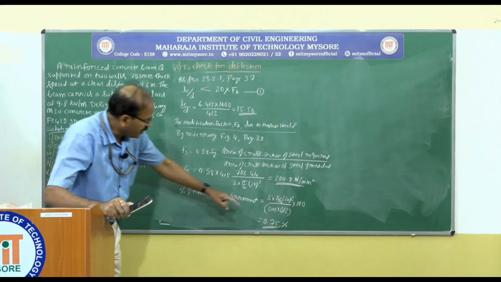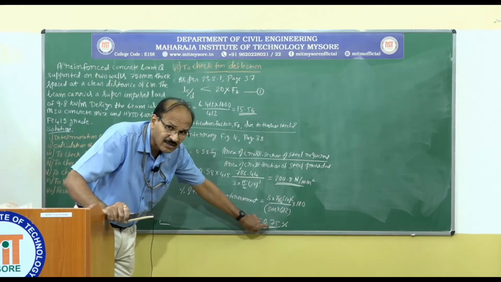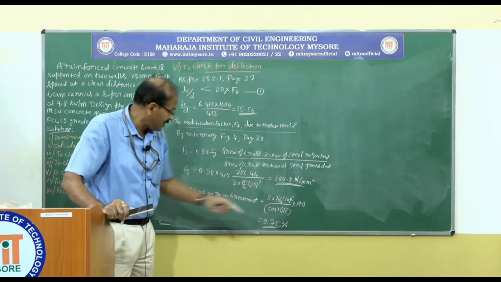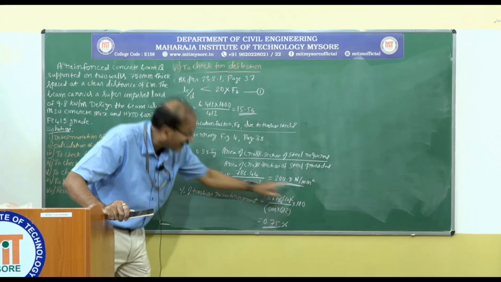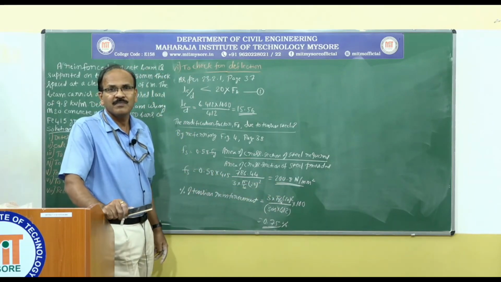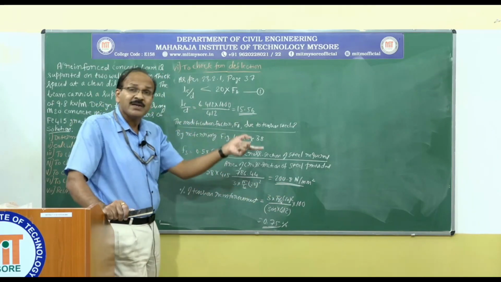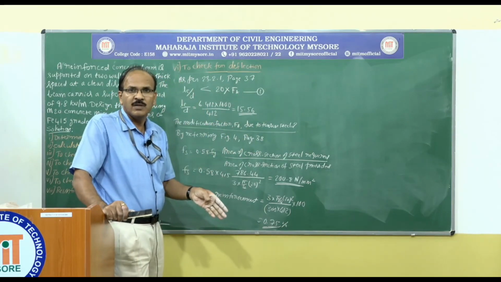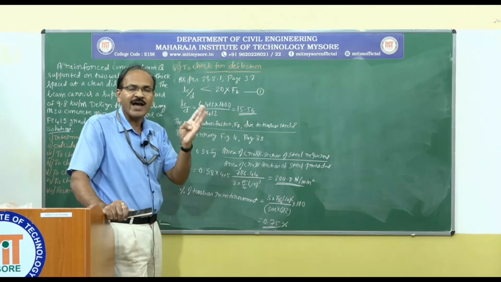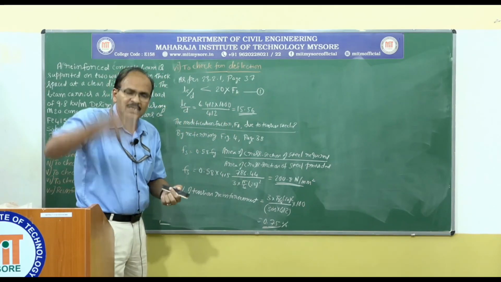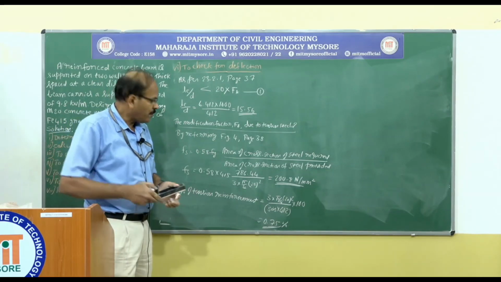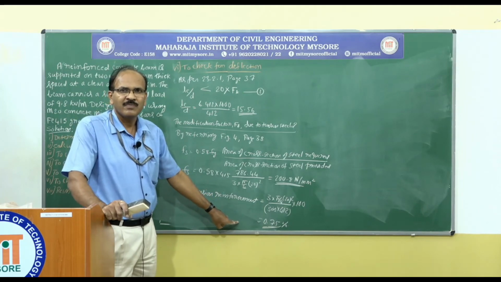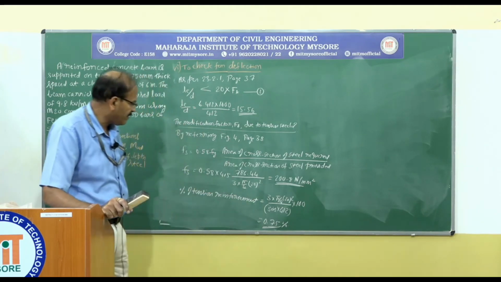Look here, 0.75 is already calculated. So you can directly pick up that 0.75 value from the previous calculation instead of doing the calculation once again. For shear, we calculated the percentage of tension reinforcement at the support. We had 3 bars at the support, and even at the midsection we have 3 bars. So percentage of reinforcement remains the same. So it is 0.75%.